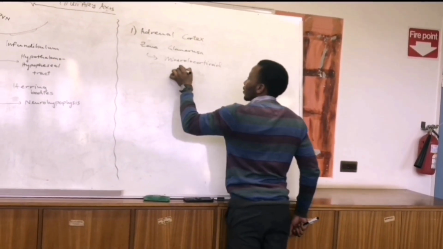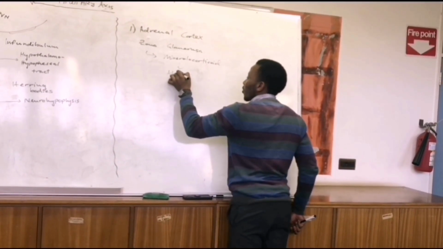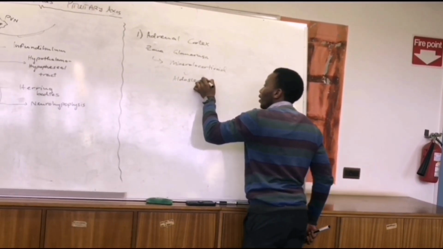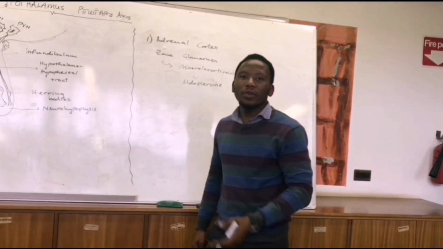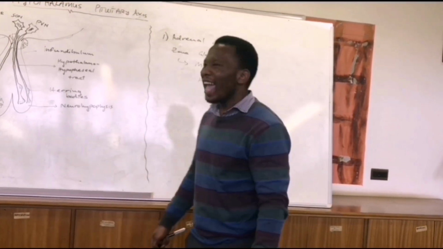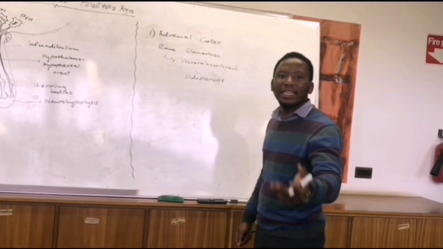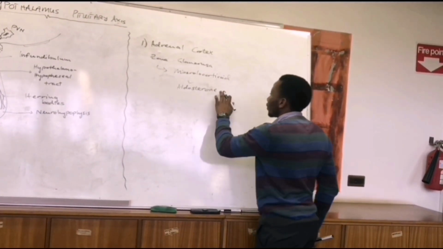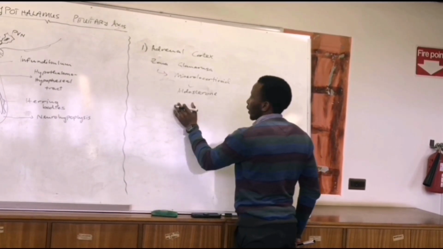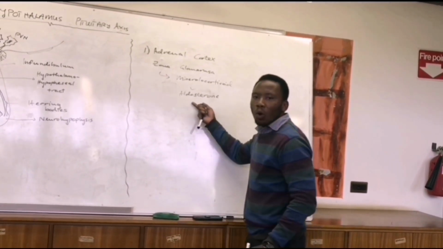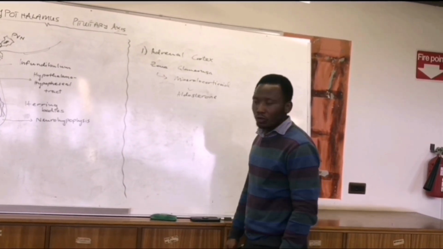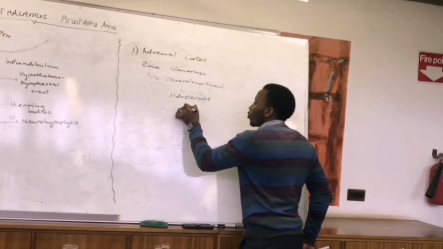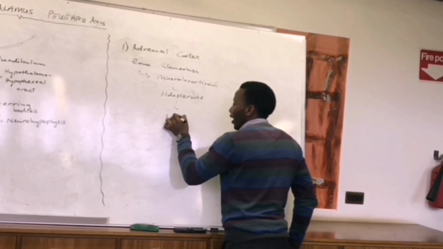Aldosterone functions mainly to regulate your blood pressure. It's activated mostly by the renin-angiotensin-aldosterone system, but I won't mention that for today. Aldosterone also responds, to a lesser extent, to stimulation by adrenocorticotropic hormone, okay?